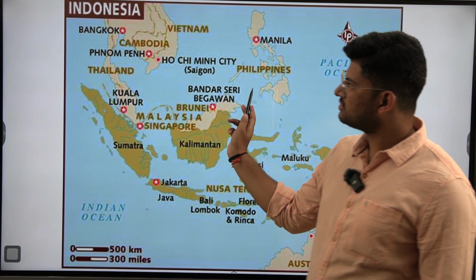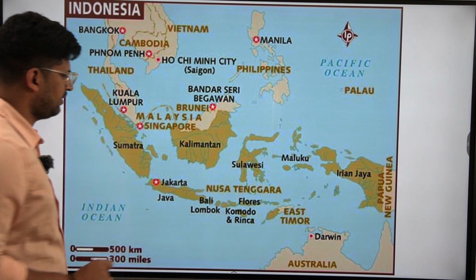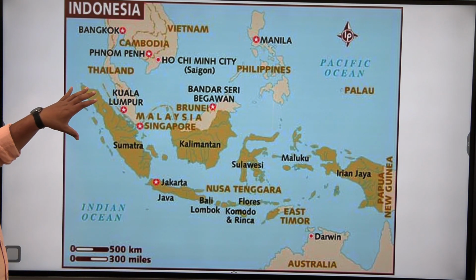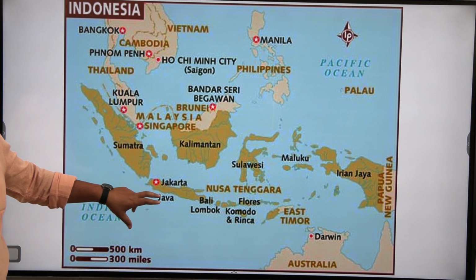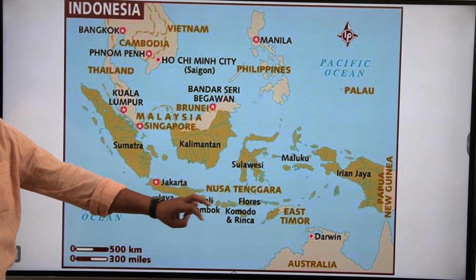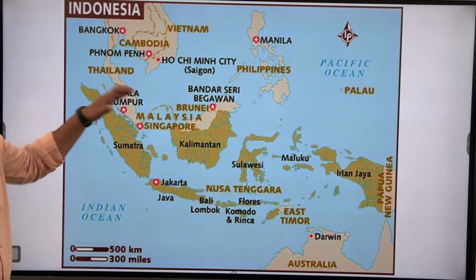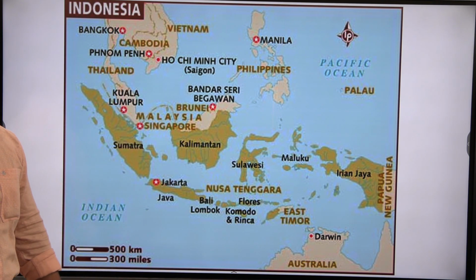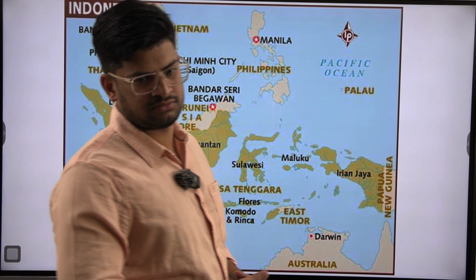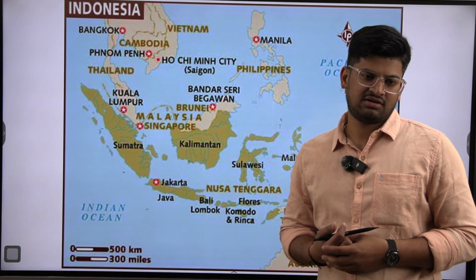And if you look at this Indonesia map, our closest Southeast Asian country is Indonesia: Sumatra, Java, Bali, Sulawesi, Kalimantan, Maluku, East Timor. These are all what? Indonesian islands. A group of islands is called an archipelago.